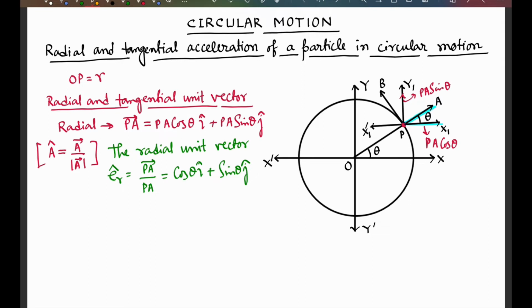We know that the radial component and tangential component both are mutually perpendicular. The angle between PA with y1 is 90 degree minus theta. The tangential component, that is PB, creates angle 90 degree with PA.